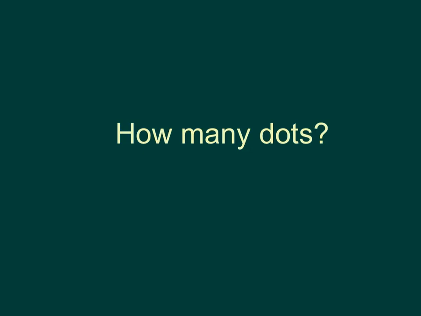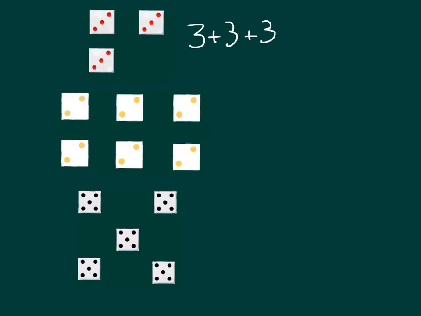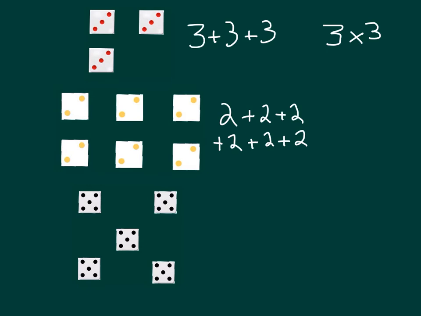And let's have a look at all those patterns. For the first one, you'll have done 3, add 3, add 3. And so 3 on each dice. And there are 3 dice, so it's 3 times 3. On the second one, 2 on each dice, 6 dice. So I've got to add 6 2s.